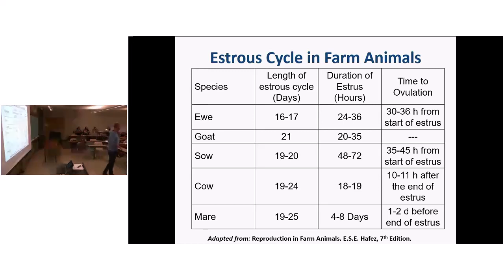It depends a lot on the sensitivity of each animal to some of the hormones, so you can have more or less. Why? And this is the good hook for the next portion of the class, which is puberty. Aside from the mare, most of the other species don't have a very long estrus length. So again, talking about synchrony, that's the time they have for breeding or for copulation.